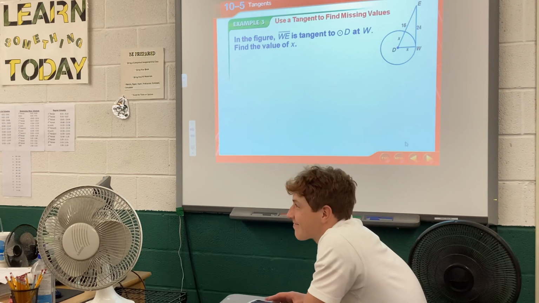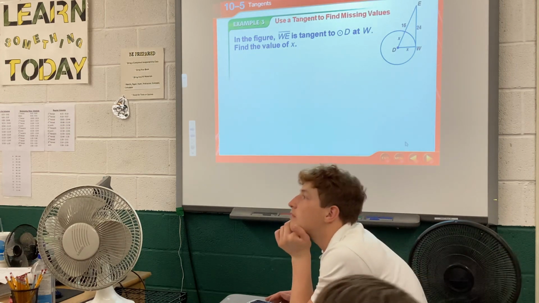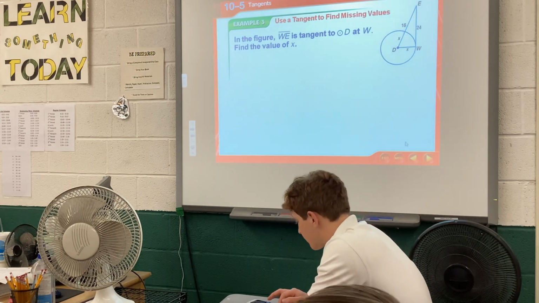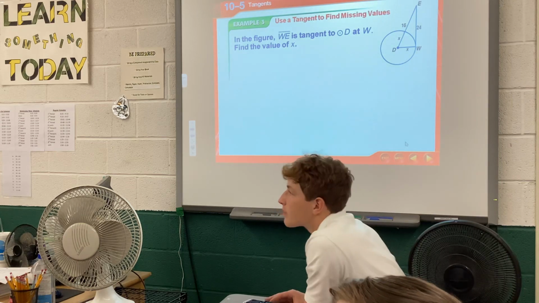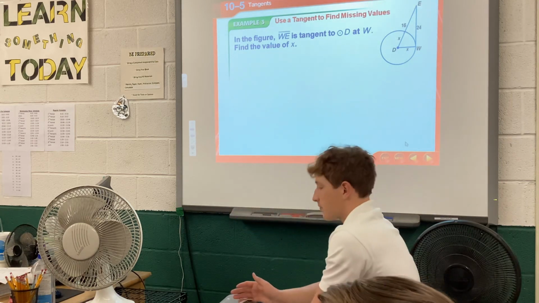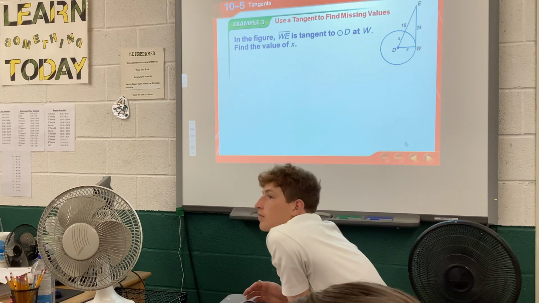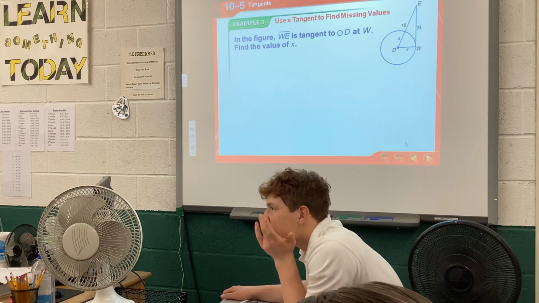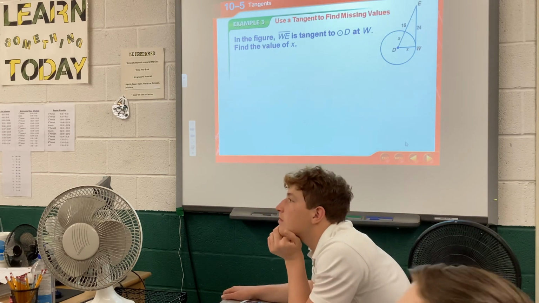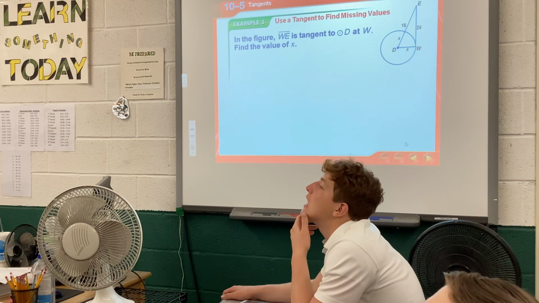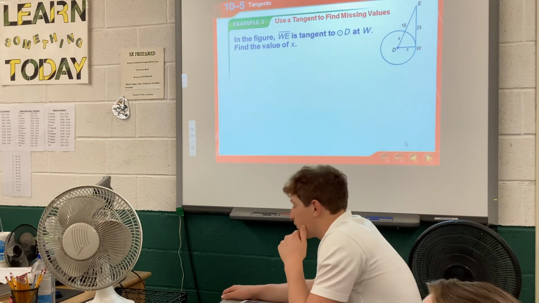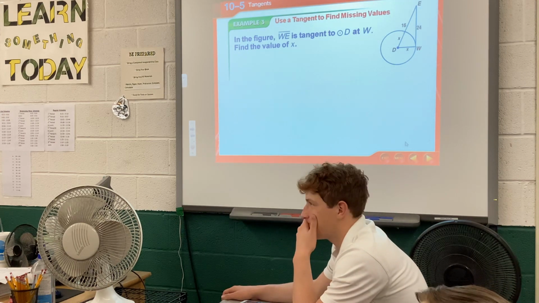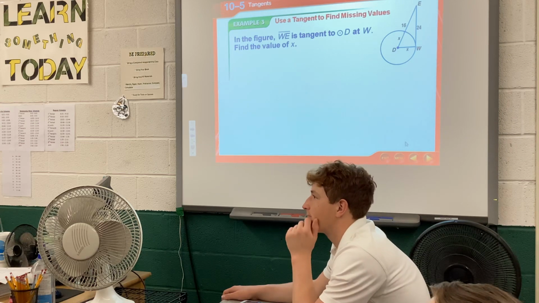Now a lot of people look at this and they kind of freak out because we're going to get x squared. Whenever you usually have x squared in a problem, you might have to go back and forth. But this one's not that bad because what's going to happen to my x squareds? Well, watch. What's 24 squared? 576. What do I do to the right-hand side of this problem?